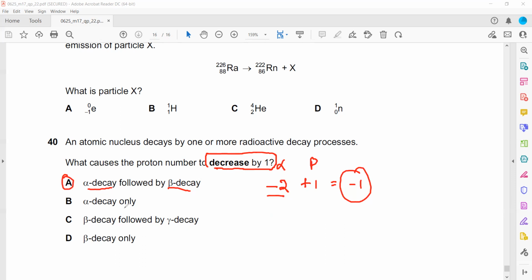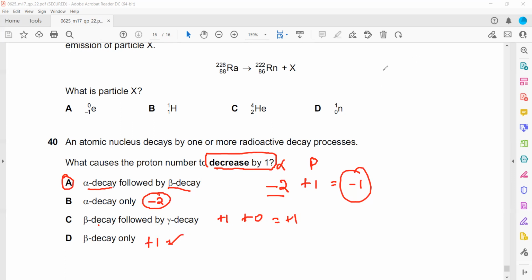If there was only alpha decay, what will happen? It will decrease by 2. If it is a beta decay followed by gamma, in beta decay it increases by 1, and in gamma there is no change. So it will remain +1, an overall increase by 1. If beta decay only, it also increases by 1.